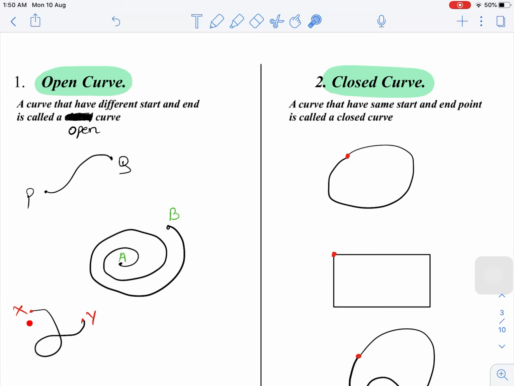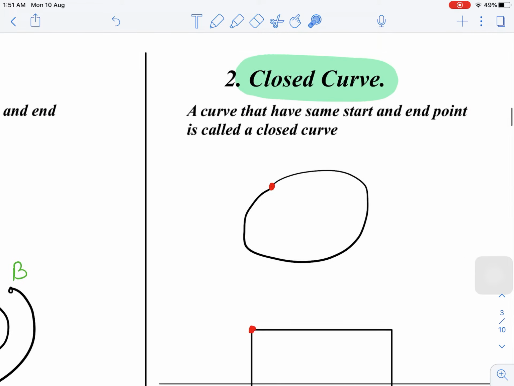Here also you can see that the curve starts from X and then it ends at Y. So in all these examples it can be seen that the starting point and the end points are different. So such a curve whose starting and end points are different is known as an open curve. Okay, now let us move towards the closed curve.